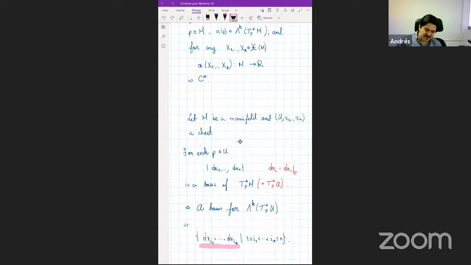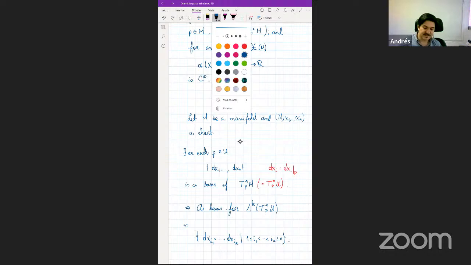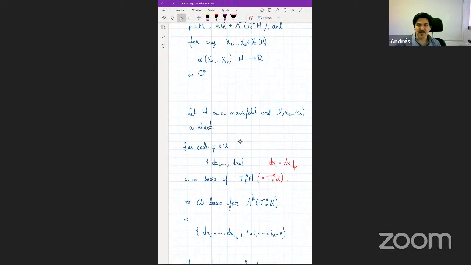This collection turns out to be a basis for this vector space. And in fact, this is how you get the dimension that we discussed yesterday. Here, there are n choose k elements, which is the dimension of that vector space.